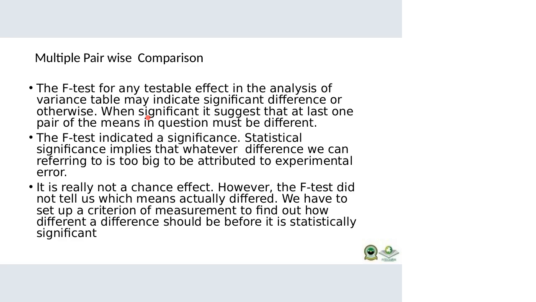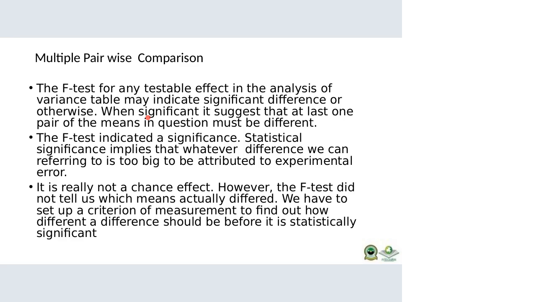Now, the F-test for any testable effect in the analysis of variance table may indicate significant difference. In this case, this test has indicated significant difference, there is effect, because we have not chosen the null hypothesis. In these two operations, we have chosen the alternative hypothesis. That means there is effect.